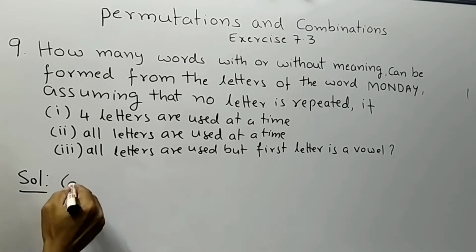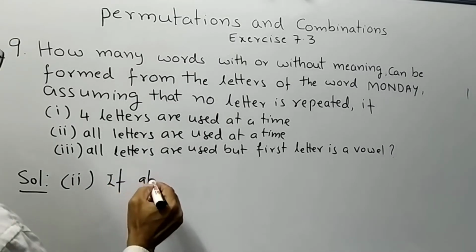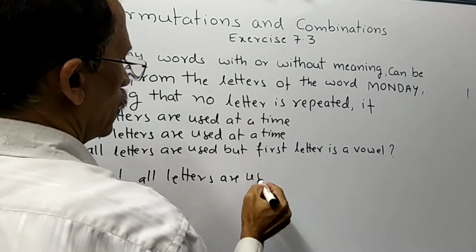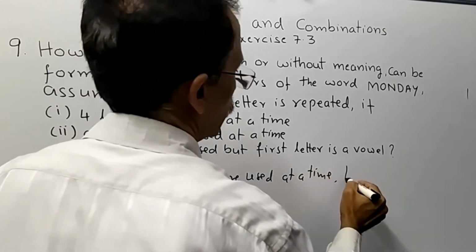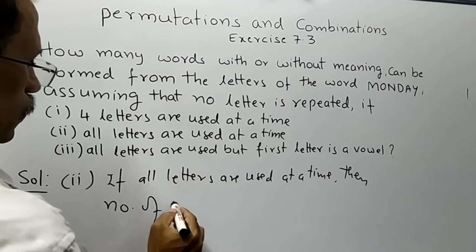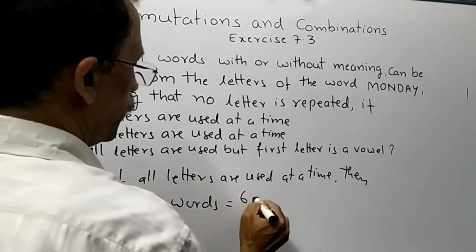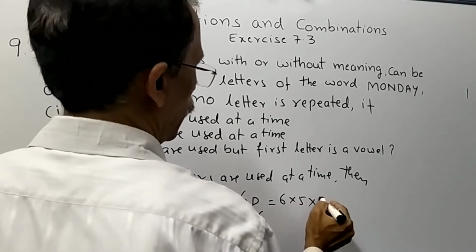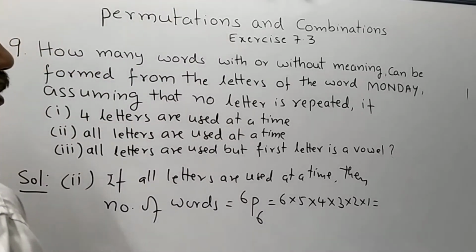Second one is, if all letters are used, then number of words is equal to 6P6, which is equal to 6 into 5 into 4 into 3 into 2 into 1, or factorial 6.